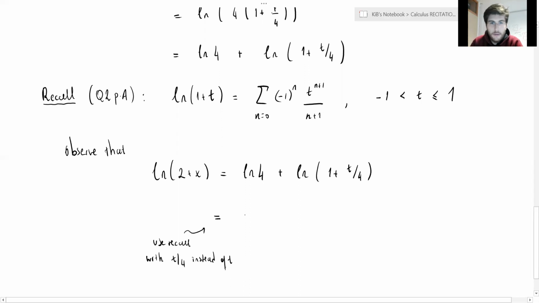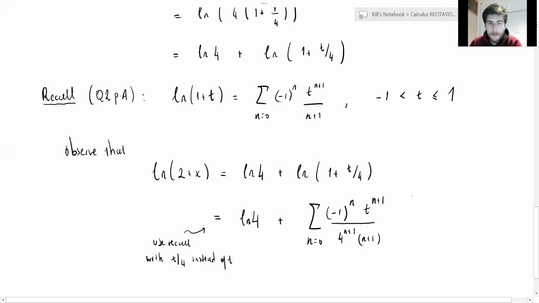There is nothing changed here, plus we now have a series representation: minus 1 to the n, t to the n plus 1 over 4 to the n plus 1, times n plus 1.